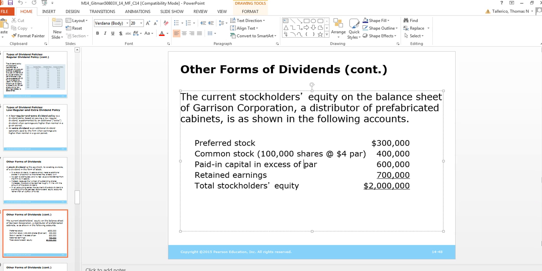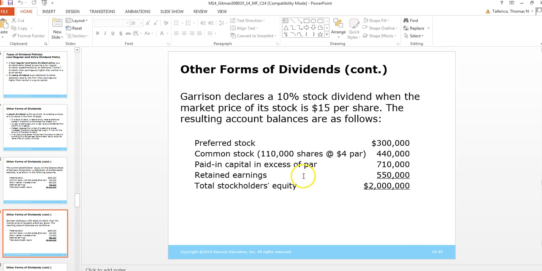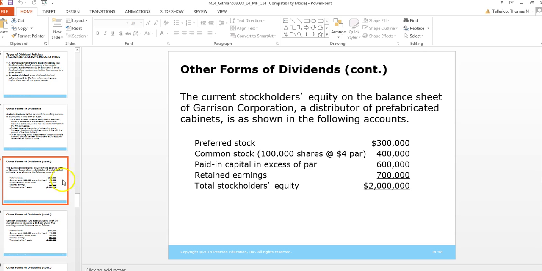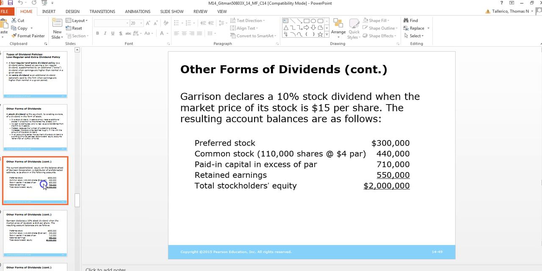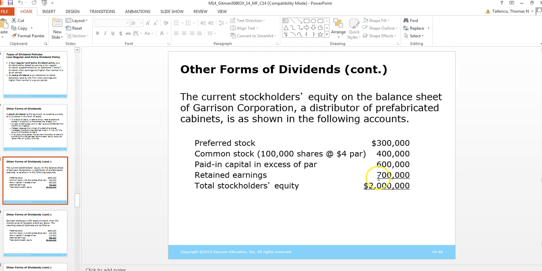All right, so Garrison declares a 10% stock dividend when the market price is $15 a share. So the account balances will change as follows. You'll notice that, just to go back, this was 700,000. This was 600, 400, and 600, and that was 700,000.